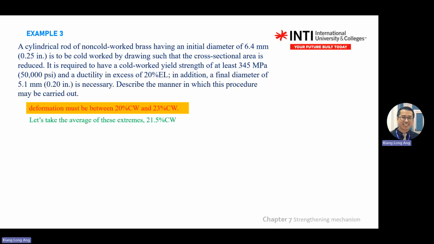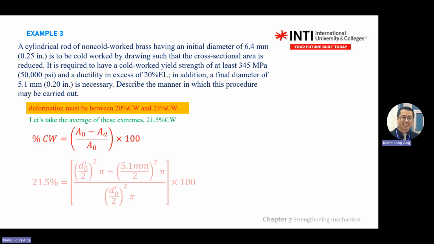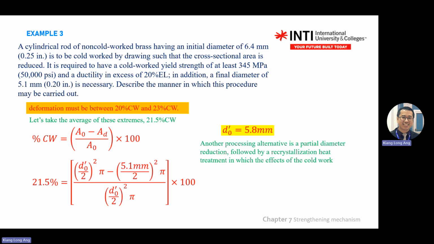So what is the minimum size that you need to order from your supplier? You need to tell your QC, hey, when you import this one, it cannot be too big or too small. So take the average, 21.1, 21.5% cold work. You'll find the answer is 5.8 mm.